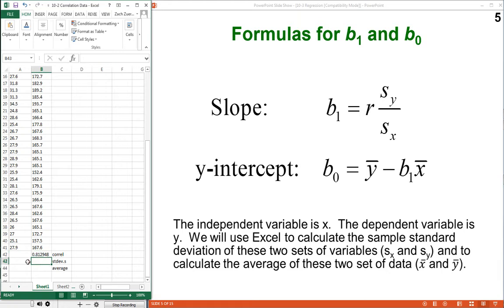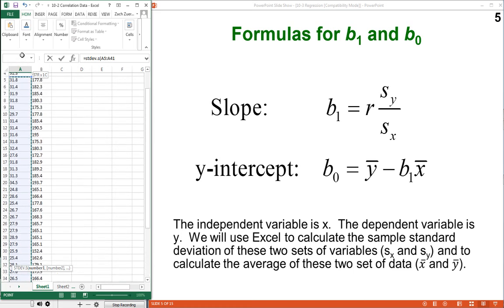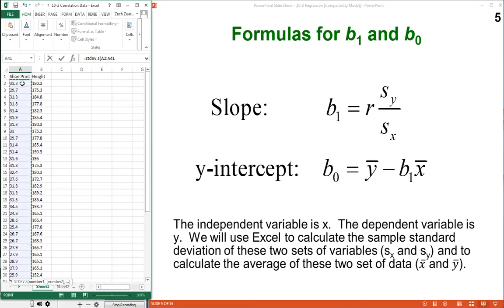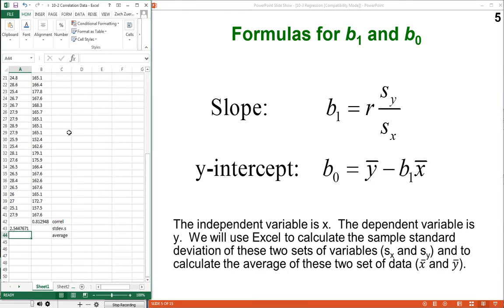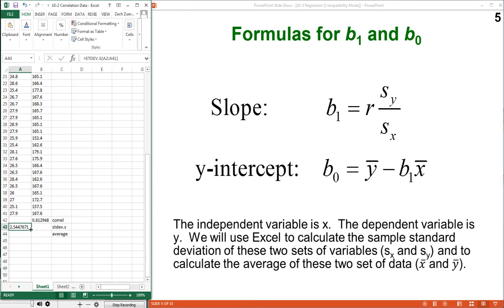The standard deviation for each of these, let's calculate that. STDEV.S, it's a sample standard deviation for the shoe prints. And we want to do the same thing for the sample standard deviation of the heights.